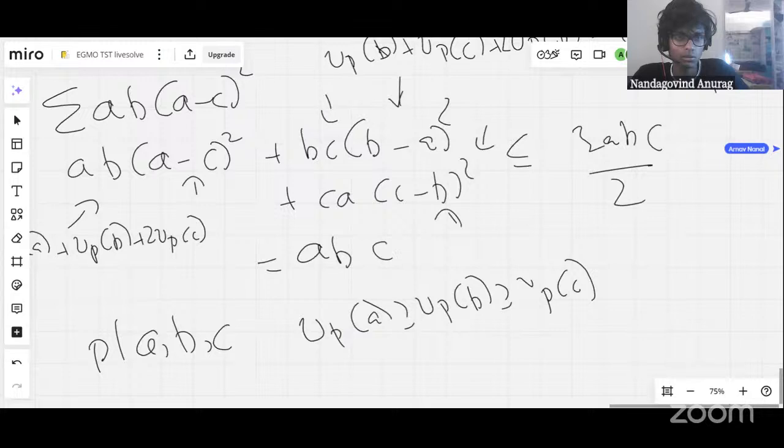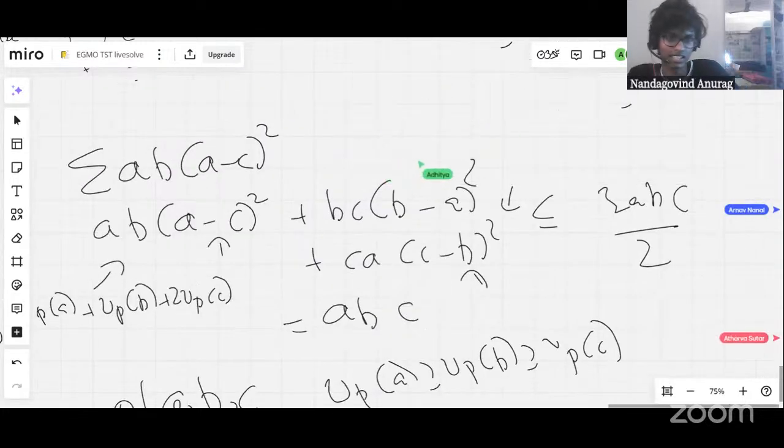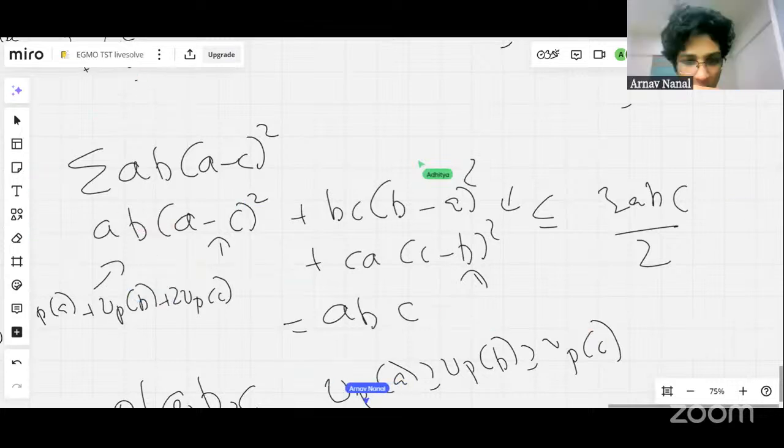That seems like a worst case scenario, because if P divides ABC, then the case where P doesn't divide any of them will satisfy for M by P, right? GCD of ABC equal to 1 would finish, no? Because then A would divide BC times B minus A whole square.